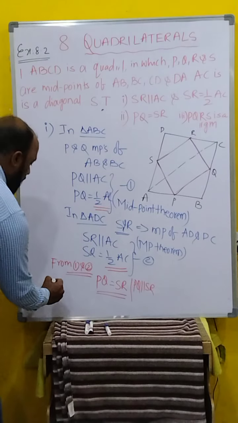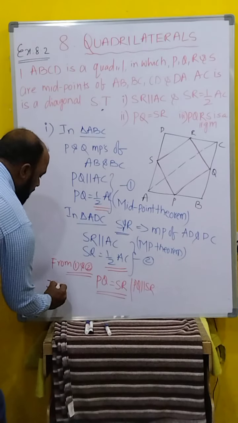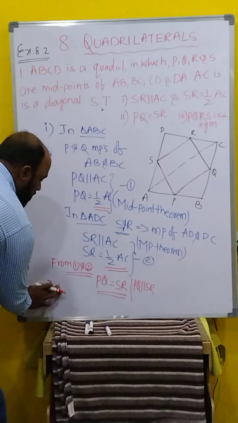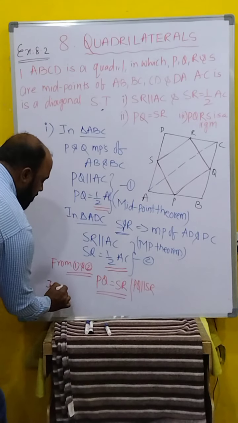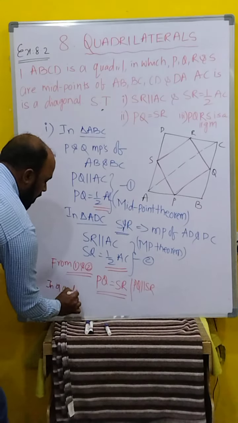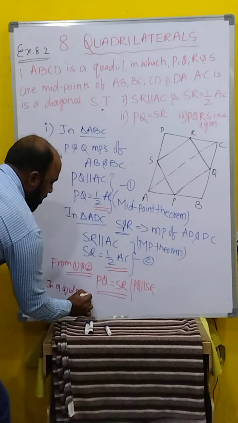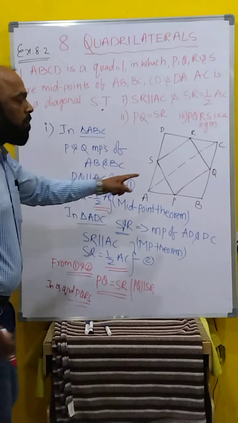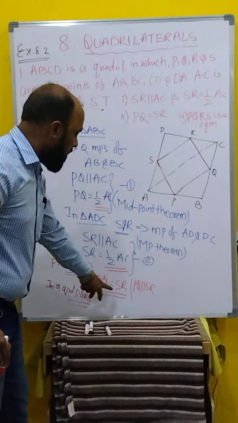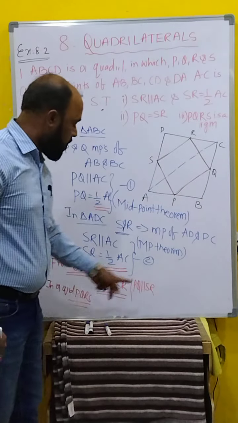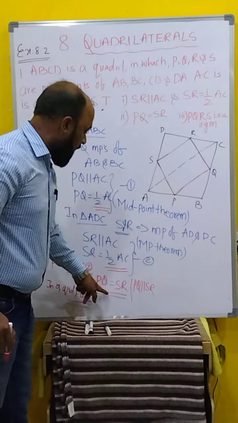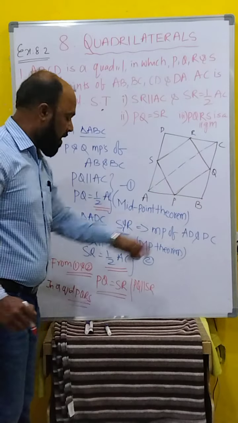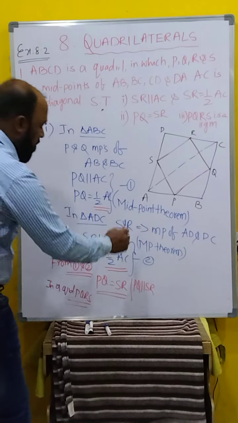In a quadrilateral PQRS, one pair of sides are equal and parallel. Pair of sides are equal and parallel.